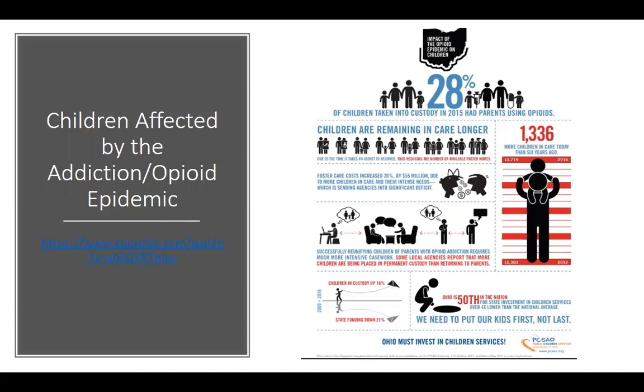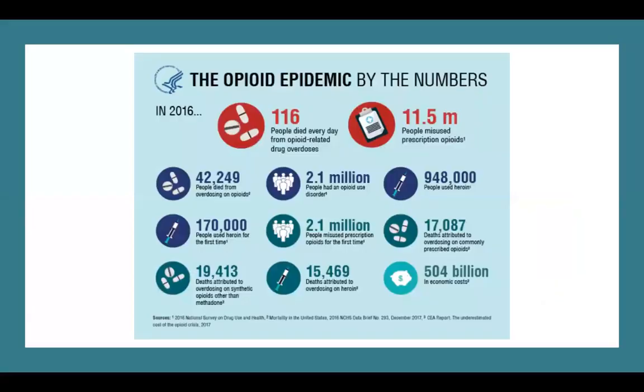I don't want to give it away because I want you to watch the video, but it is a huge problem. And when children aren't with their moms and dads, that's going to affect them in the long run as well. Yes, children are ending up in foster care, and some have parents that die, but there's a lot that are just in that environment of parents using and abusing these drugs.